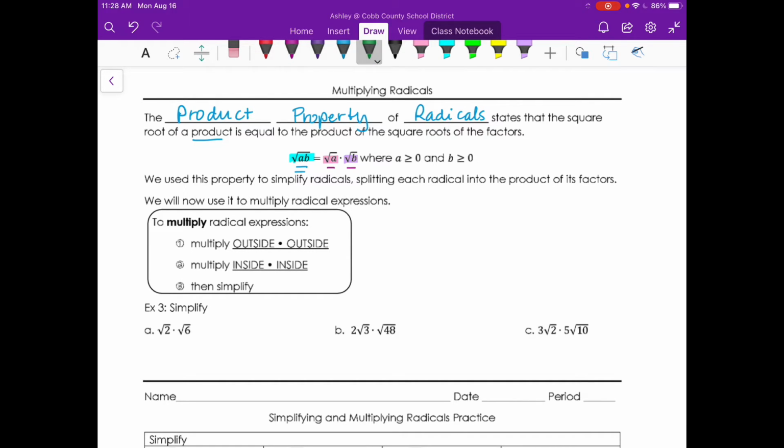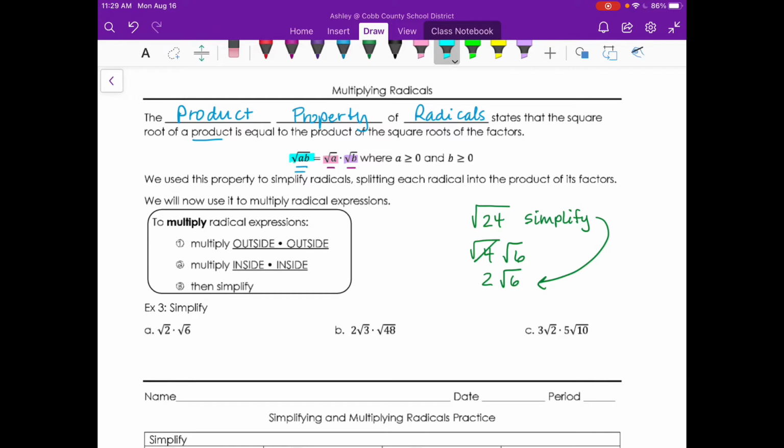For example, if I wanted to simplify the square root of 24, I could split that into two radicals, 4 times 6. I can take the root of 4, which is 2, and end up with a simplified radical expression, 2 radical 6.